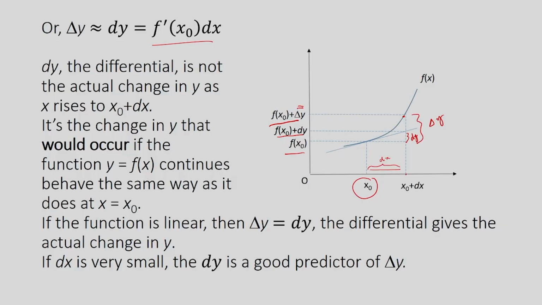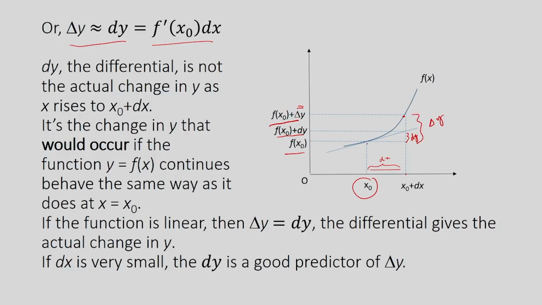So, that is why I have written that dy, the differential, is not the actual change in y as x rises to x0 plus dx. dx, dy and delta y are different, they are close, but they are not equal. So, what is dy? dy, or the differential, is the change in y that would occur if the function y is equal to f(x) continues to behave the same way as it does at x equal to x0.